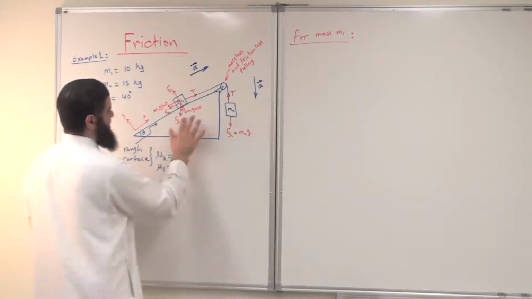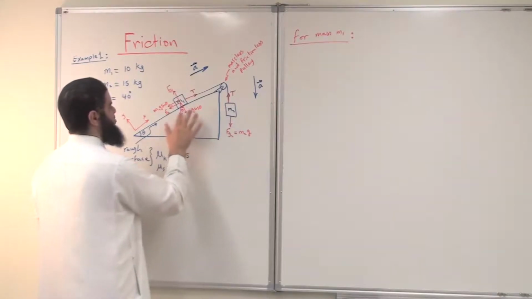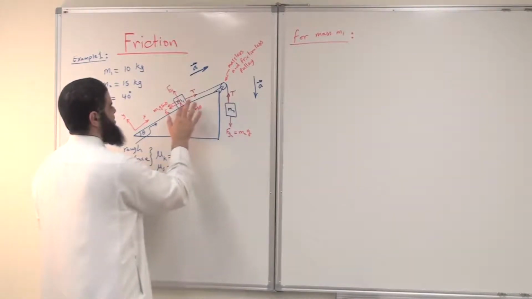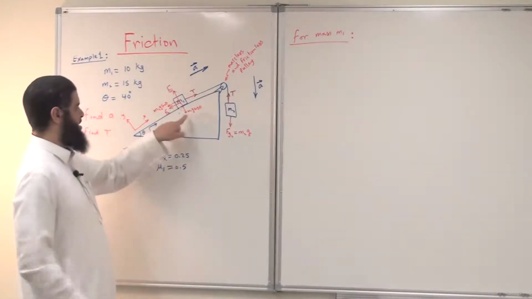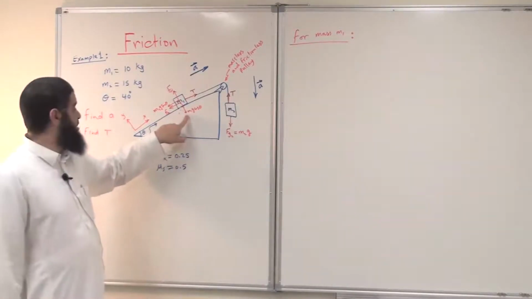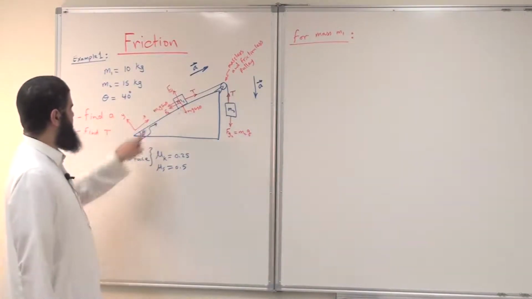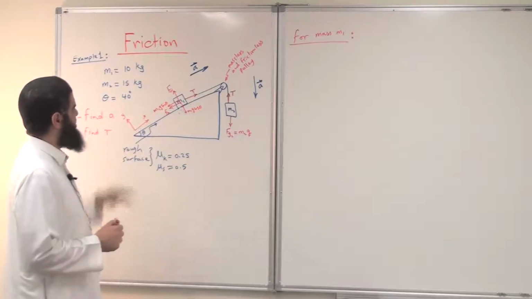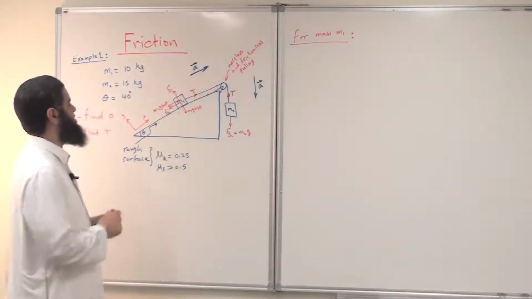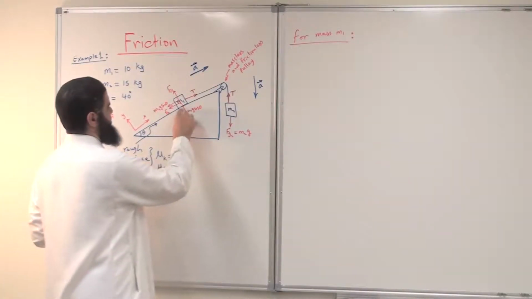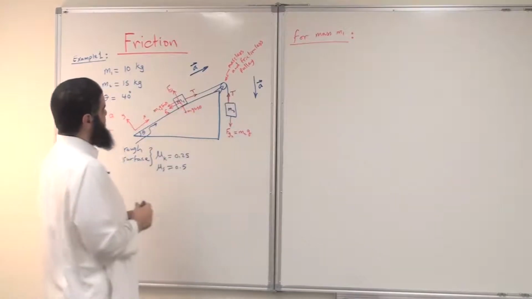I can get rid of M1G because I have replaced it with the two components. So I have a negative y component, M1G cosine theta, and a negative x component, M1G sine theta, and the acceleration is in the positive x direction. I hope now it is clear.